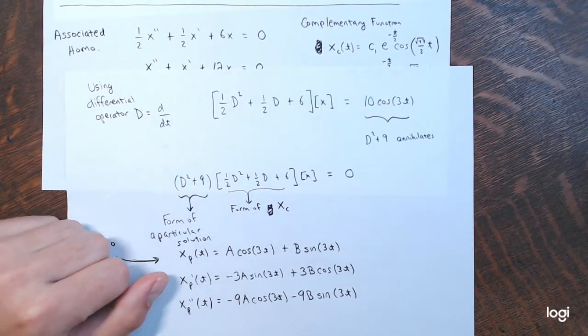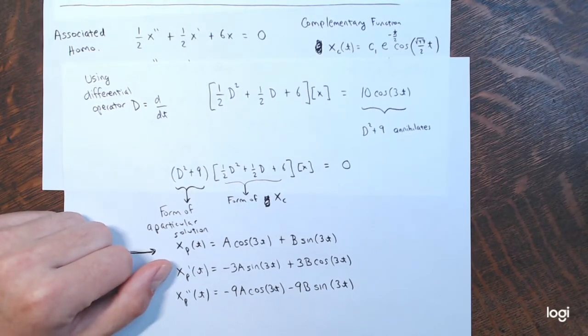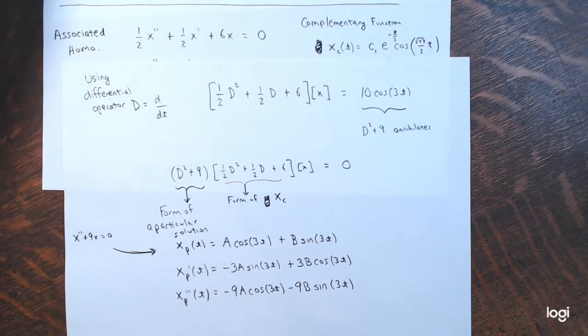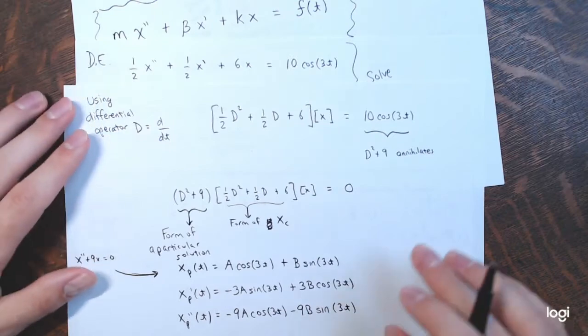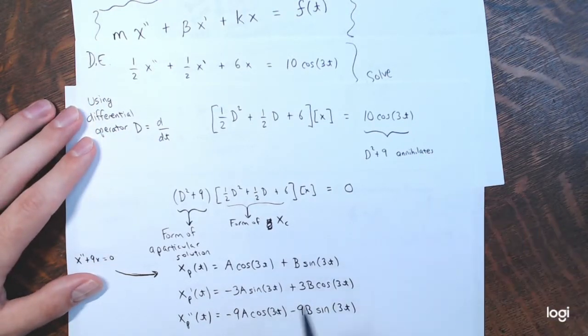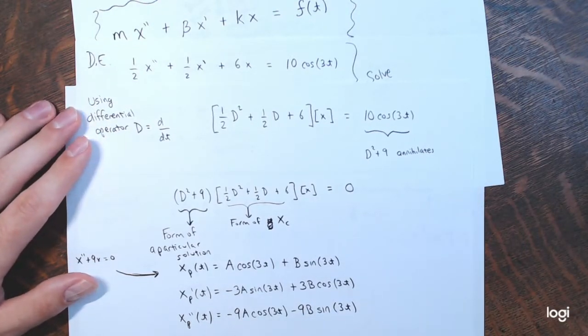And then I substitute these into the original equation, and then I should be able to find a and b by equating some coefficients.